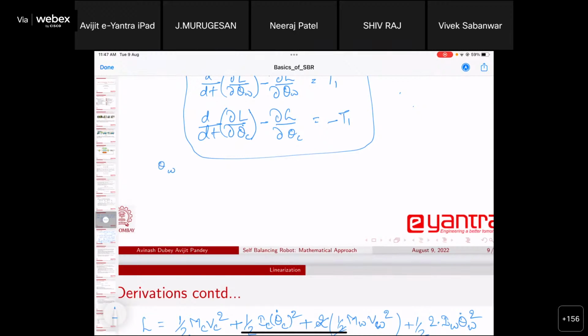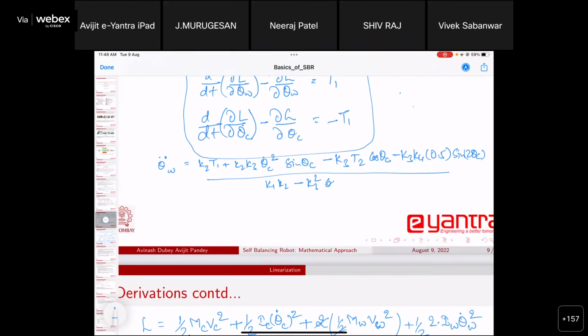Theta W double dot becomes K2 T1 plus K2 K3 sine theta C minus K3 T2 cos theta C minus K3 K4 into 0.5 sine 2 theta C divided by K1 K2 minus K3 square cos square theta C. I'll explain what K1, K2, K3, K4, K5 are.